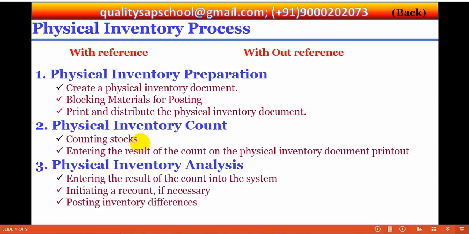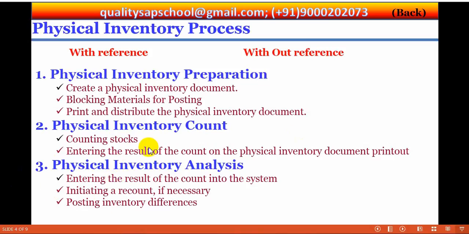So that's why, when we create the physical inventory document, we recall the same physical inventory document number again and enter the counts, because the same thing we have printed and the same data we have filled in the printed sheet.